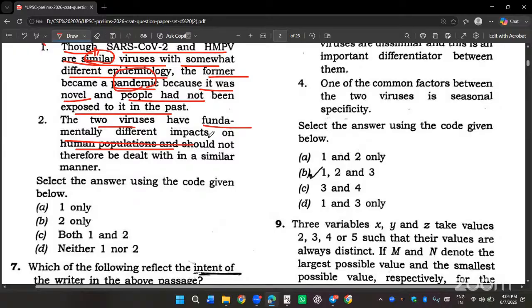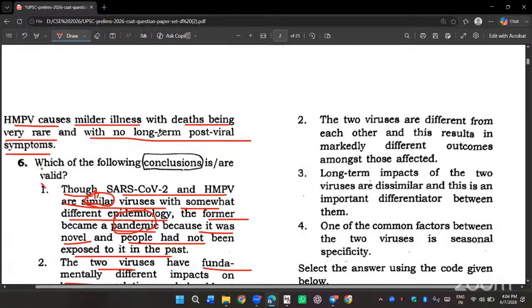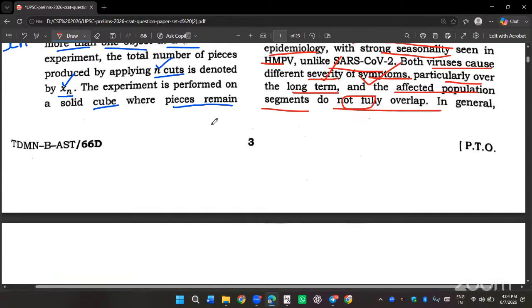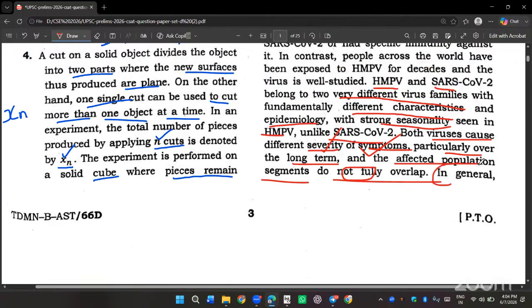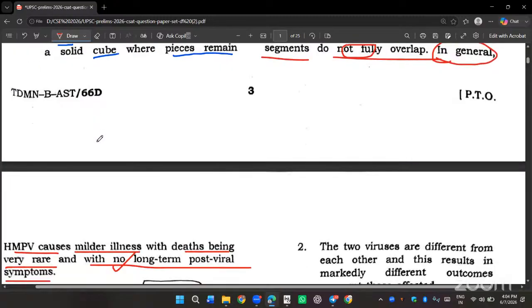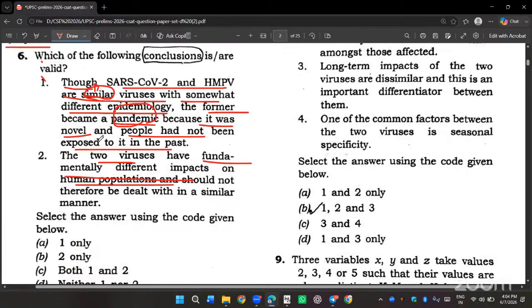Here it is given, no long-term effect caused by this virus. So the other should be the opposite. That is the meaning. Also, here they have given in general, that is also important. So, different impacts on the human population and should therefore not be dealt with in a similar manner.